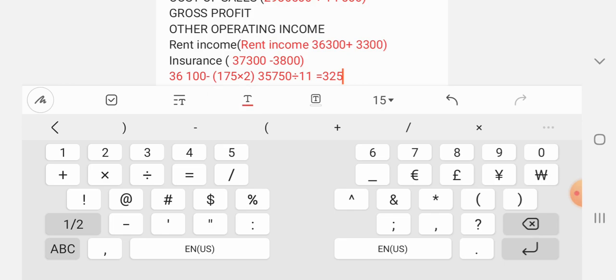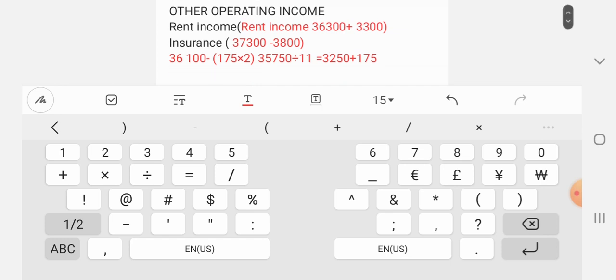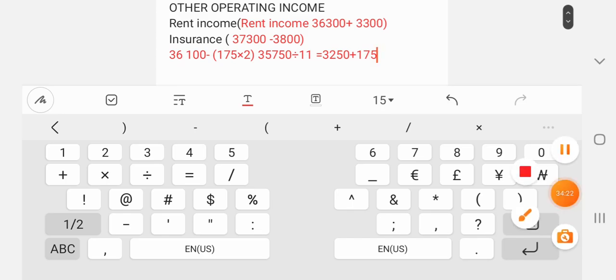So that will be 3,250, and then we add the 175, which gave us 3,000. It has to be, it's not 3,800. It has to be 3,425. Yes, that is the calculation.